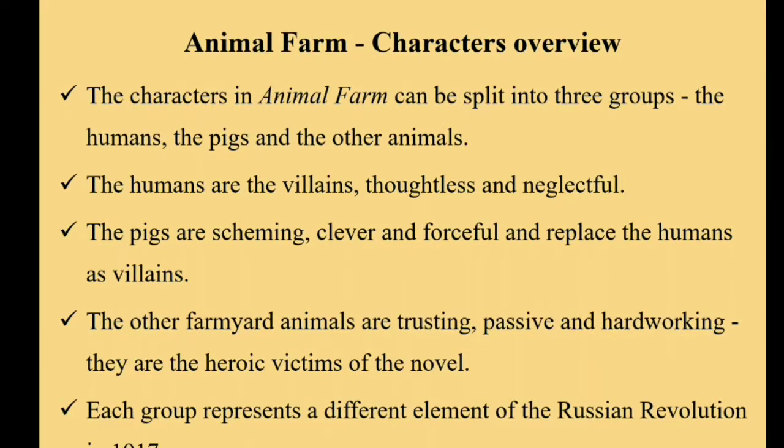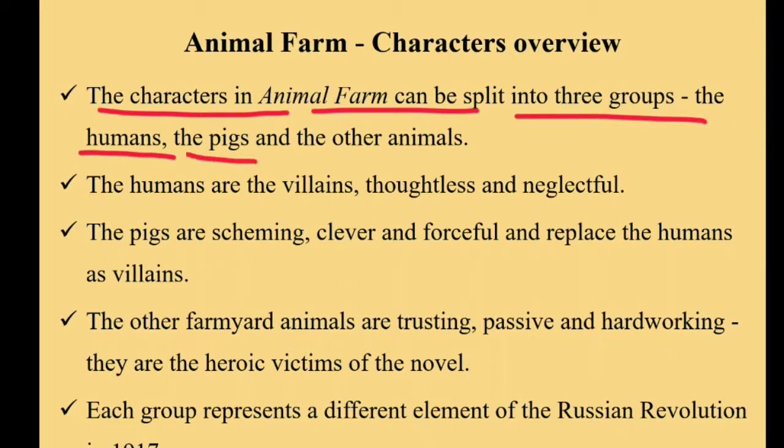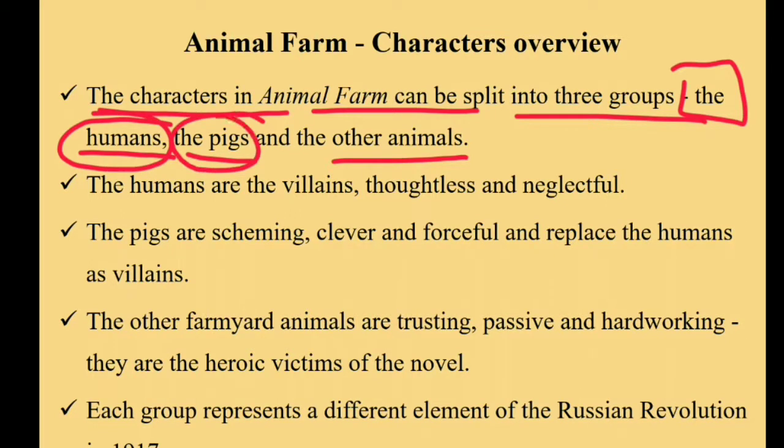Now we will learn who all are the characters in the story. The characters in Animal Farm can be split into three groups. The first one is the humans, the pigs and the other animals. Please keep in mind it is divided into three categories. Alright. First one is human being, then comes pigs and then other animals.